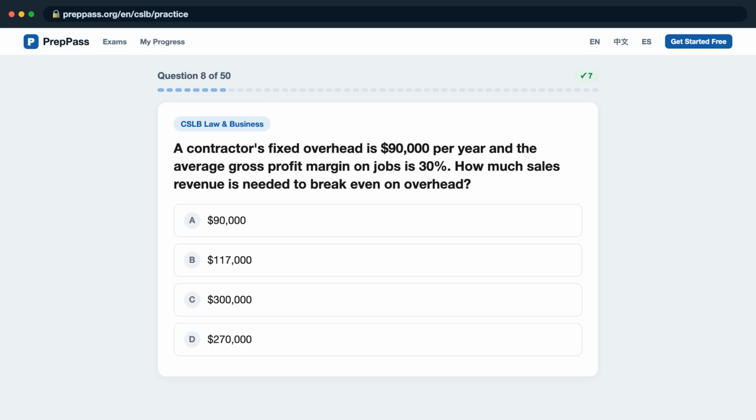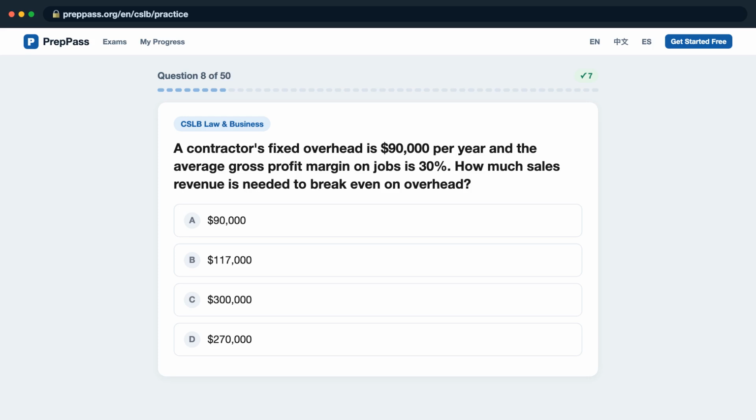Question 8. A contractor's fixed overhead is $90,000 per year and the average gross profit margin on jobs is 30%. How much sales revenue is needed to break even on overhead? Is it A, $90,000? B, $117,000? C, $300,000?